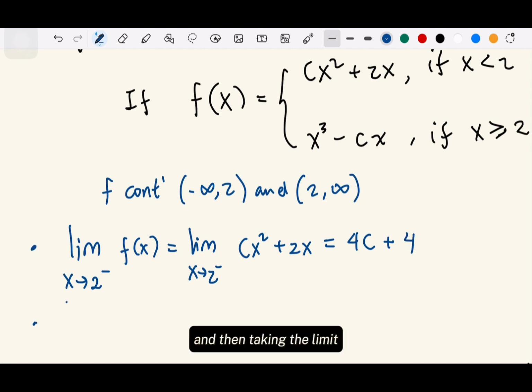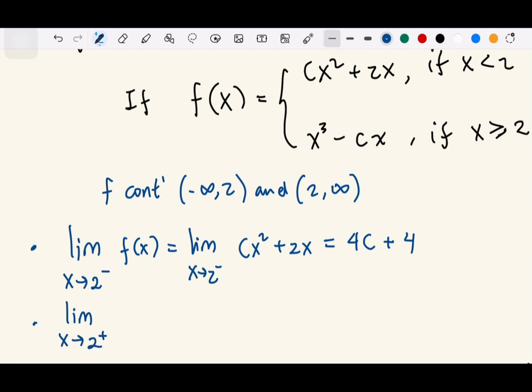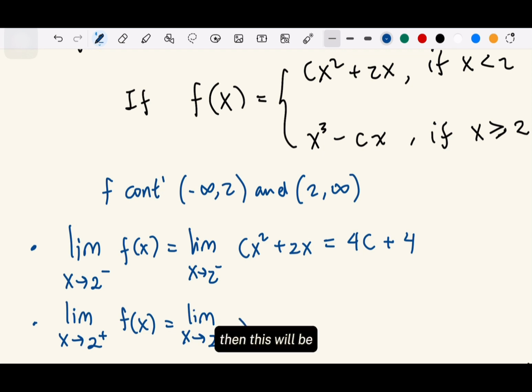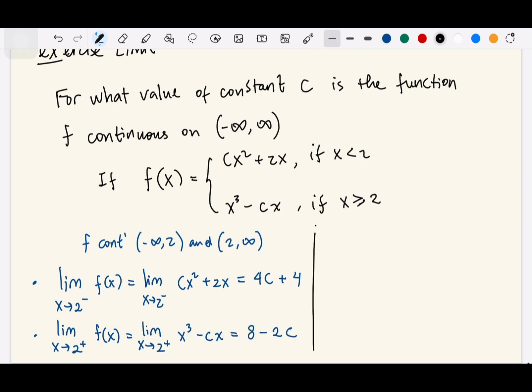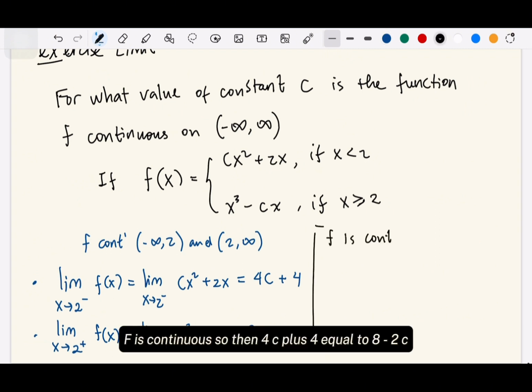Then taking the limit as x approaches 2 from the right, this will be equal to 8 minus 2c. And the assumption is that f is continuous. So 4c plus 4 equals 8 minus 2c.